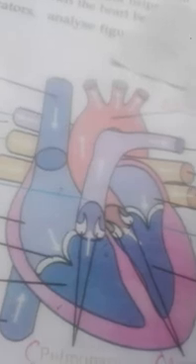Then again you can see some blood vessels. These are called pulmonary veins. I told you veins carry blood to the heart. There are 2 branches of pulmonary veins from the 2 lungs, left and right. After purification, this oxygenated blood reaches the left atrium.